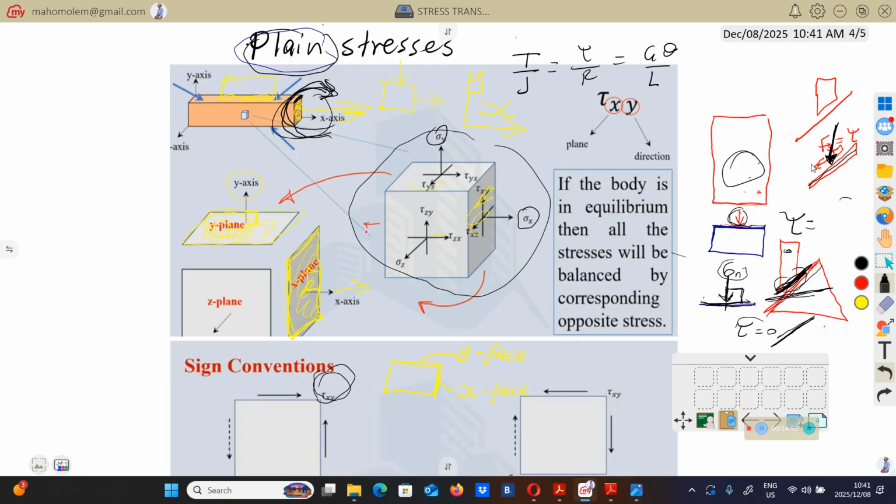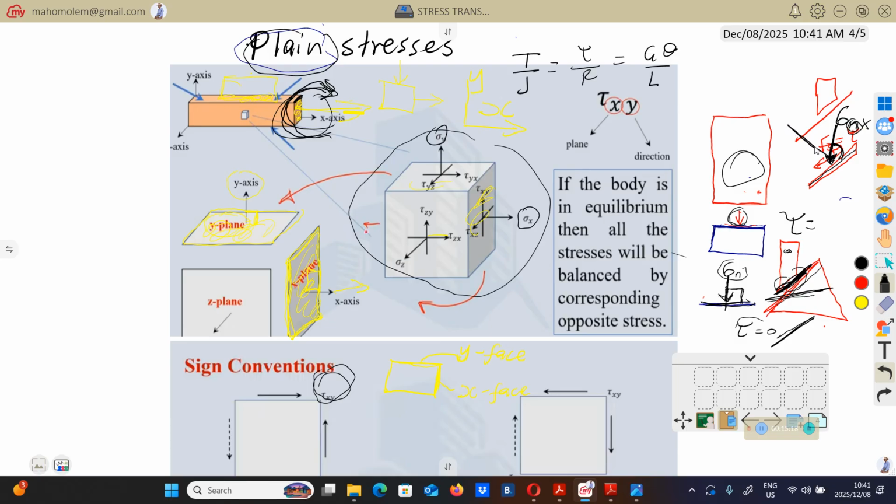So the weight of the chimney will be like this. Now, this stress here, you can't call it normal stress. Why? Because this line together with this, they don't form 90 degrees. So once they don't form 90 degrees like that, then this stress or this force is no longer normal.